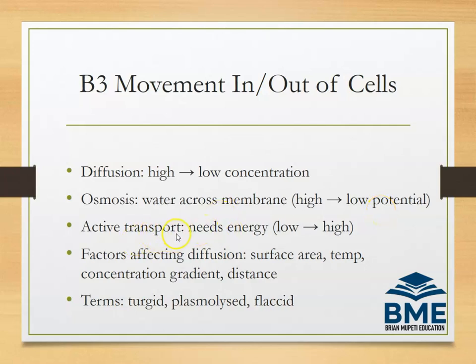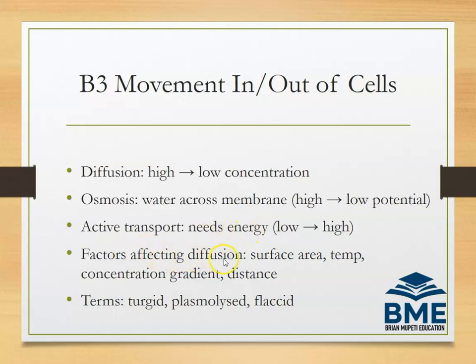Active transport talks about the movement of particles from a region of lower concentration to a region of higher concentration through a partially permeable membrane. And this process here, unlike diffusion, requires energy.